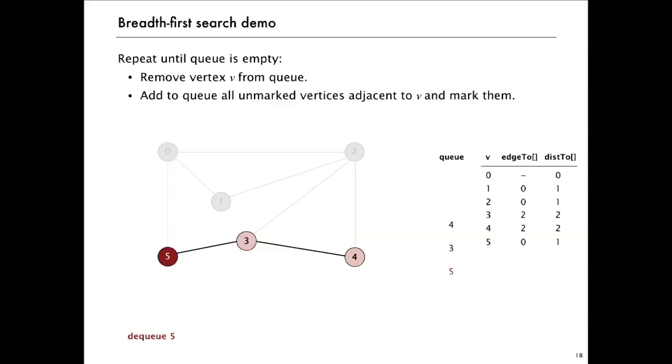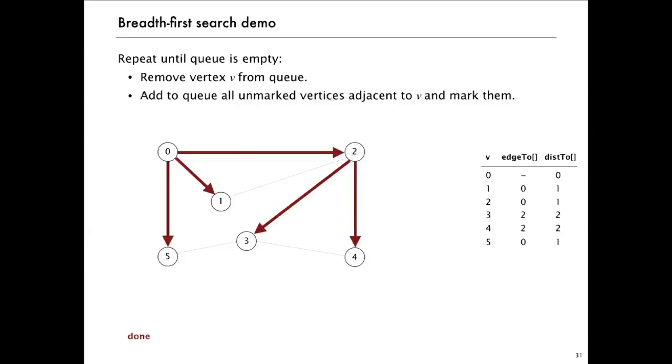Next thing off the queue is 5, and we check 3, and that's marked, and we check 0, and that's marked, so we're done with 5. And then 3, we check 5, and then 4, and then 2, and they're all marked, and now we're done with 3. And then finally the last one, 4, everybody else is marked, it's connected. Check 3, check 2, it's marked, and we're done.